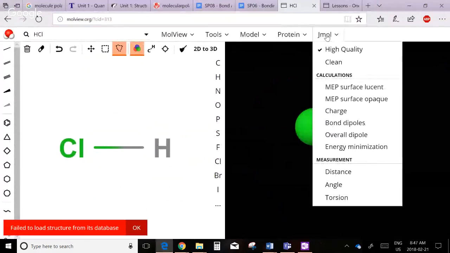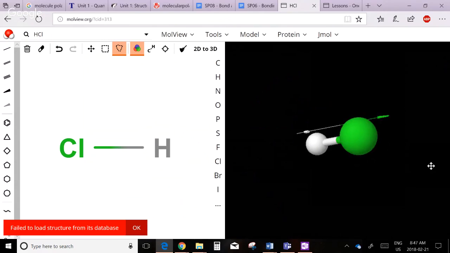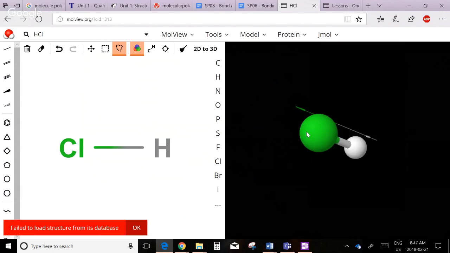And the cool thing is I can go in here and look for what it calls bond dipoles. I can click that and it'll show. Can you see how they've put a little tick on the arrow there, and there's the point of it? This is showing that the dipole points in the direction of the chlorine.